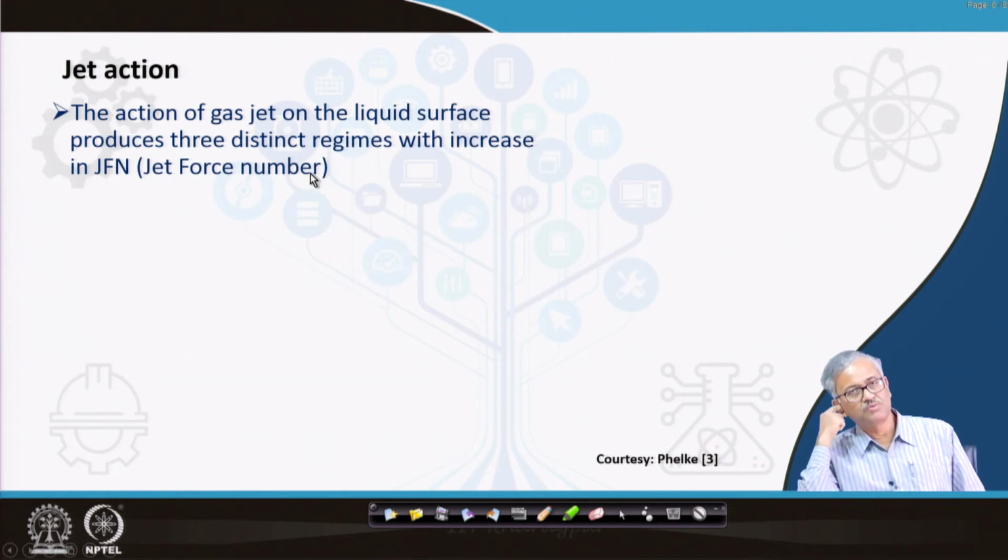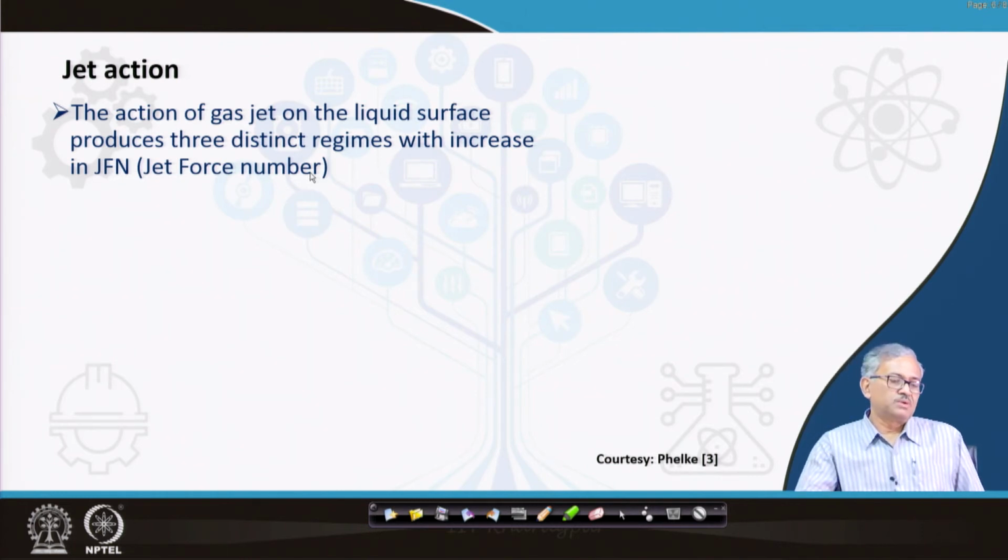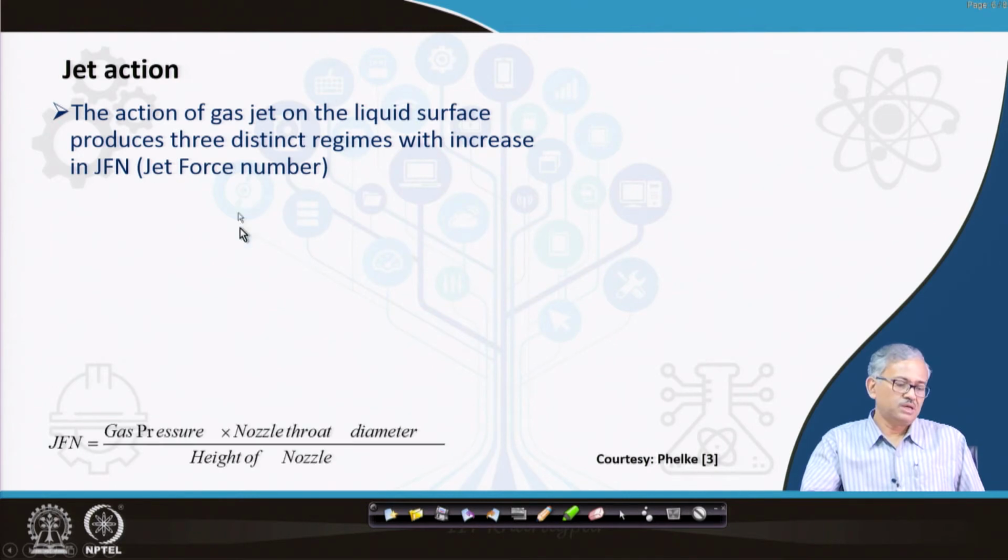If you want to understand what is the impact of the oxygen jet on the liquid bath, you should have some number to quantify the impact, that is called the jet force number, and it is defined like this: upstream gas pressure, that is approximately 1 megapascal, as I said, multiplied by the nozzle throat diameter divided by the height of the nozzle, that is, how close or away from the bath the nozzle is.